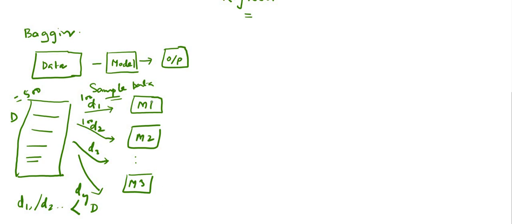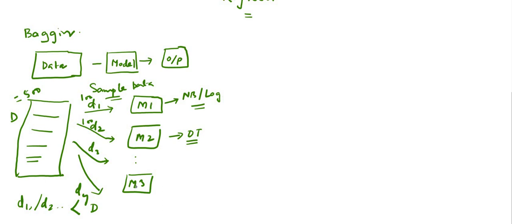Now in general, when we are talking about the bagging concept, these algorithms can be any algorithm. It can be Naive Bayes algorithm, or it can be logistic regression algorithm, anything. Especially when we talk about random forest, then we have to remember that these models are decision trees. So let's first consider how we will get the final result.